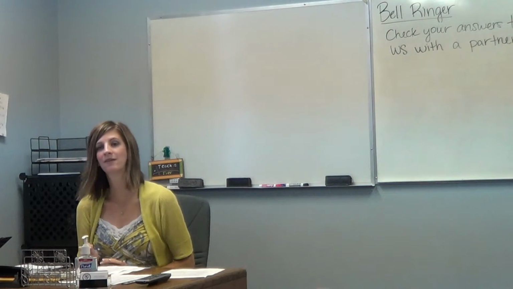Ms. Faulkner, could you explain number 23 to me? That's another question too. If an object has an acceleration, then it must be... So what does it have to be doing if it's accelerating? Changing its velocity?